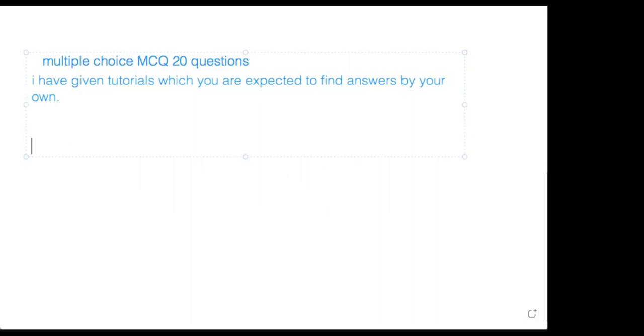And also, when you study, better you go through these very deeply. Collect requirements, process.